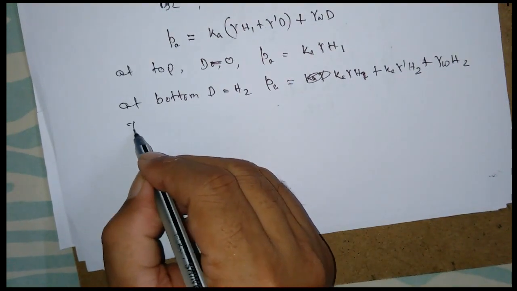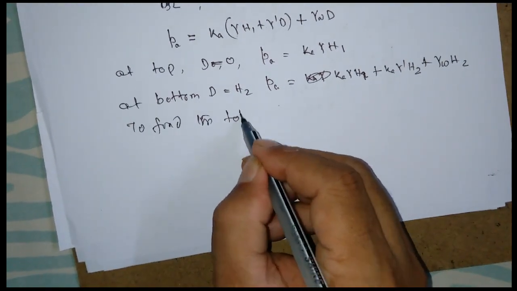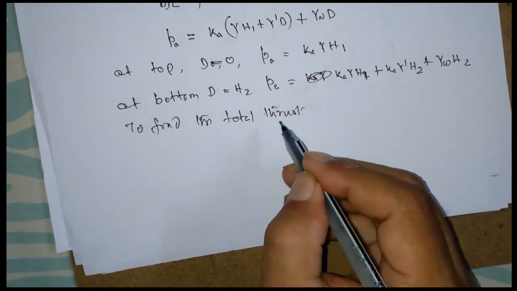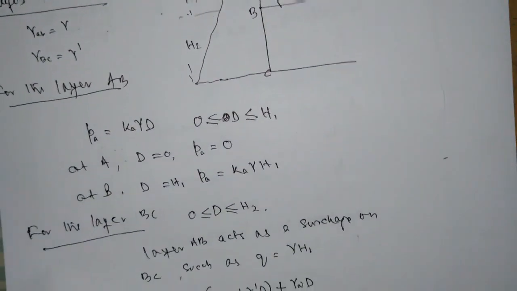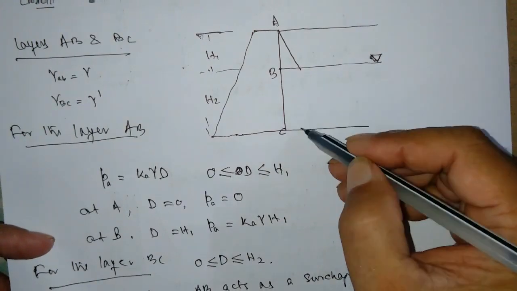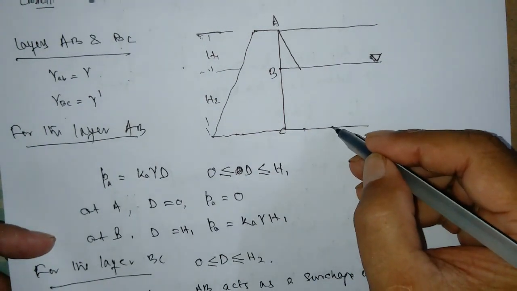Now to find the total horizontal thrust PA, if we draw the stress distribution diagram, it will be in three parts.